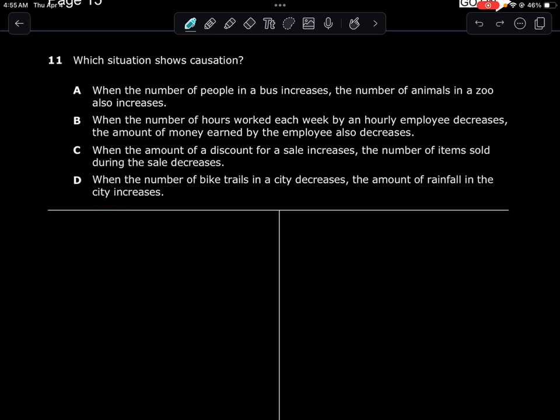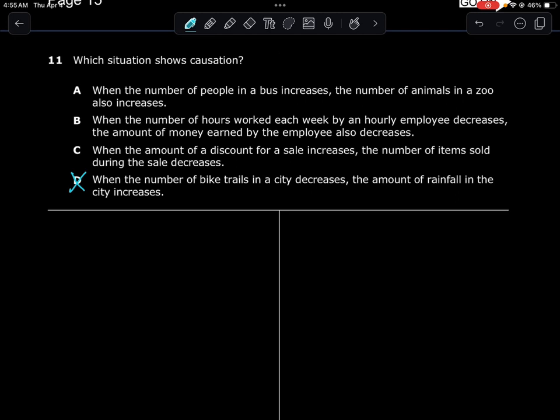Now the bike trails and the rainfall, it's probably not going to be related. It would take some extreme cases for bike trails to affect the weather. I don't know what sort of city that would be, but it doesn't look likely, so that's not it.